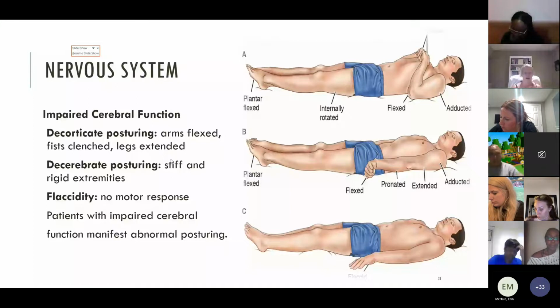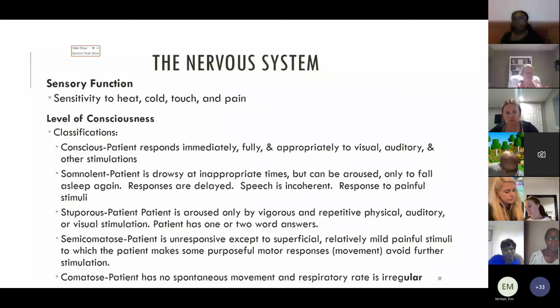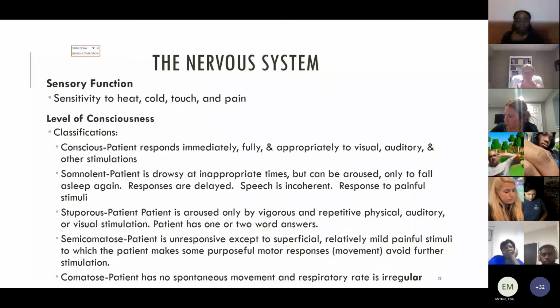So when we think of our sensory function, we can assess it with a patient by saying, do you have any numbness or tingling? So this is the patient being able to have complete feeling in their extremities or their hands, so they can express if someone's touching them.